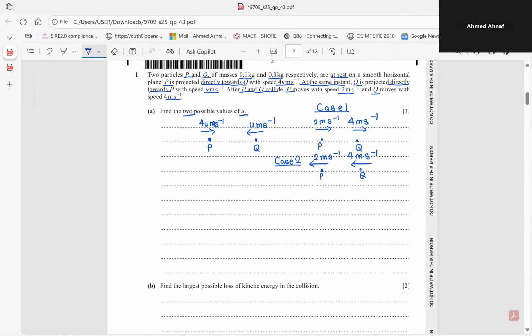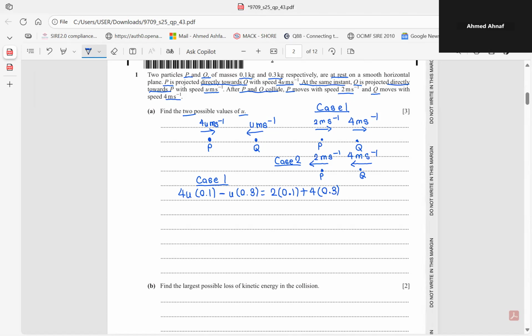Let's do the calculations for case 1. We're going to use the principle of conservation of momentum. We let the direction that P was initially moving in be positive. So this is 4u times 0.1 minus, because Q is moving in the opposite direction initially, u times 0.3, equals 2 times 0.1 plus 4 times 0.3.